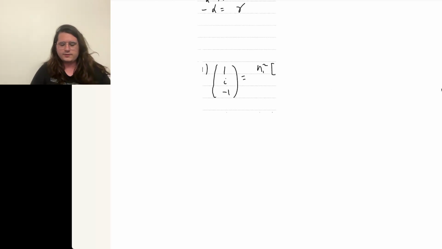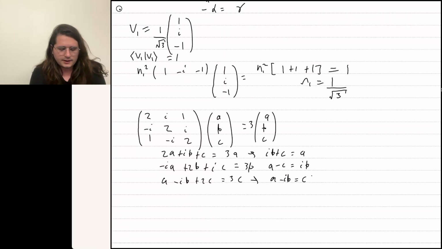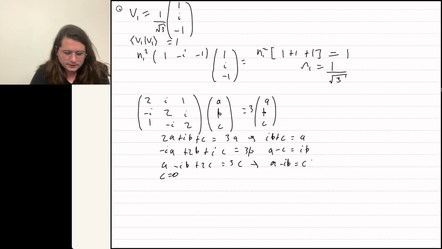So you have choices when it comes to this. A first really good choice is to set c equal to 0. That's a cool choice. That's going to make it so that a is equal to ib, or rather minus ia equals b, right? That's equivalent.